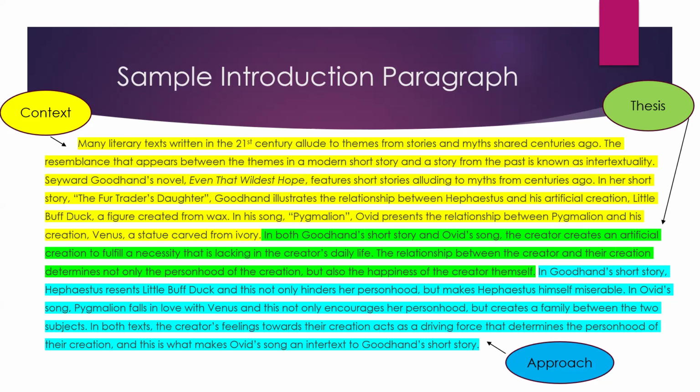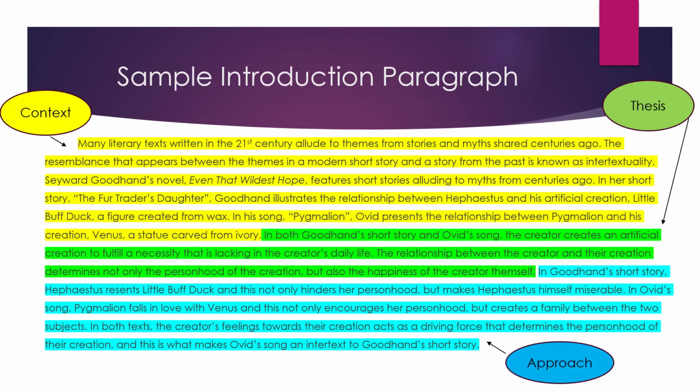So over here, what I did in the first part of this introduction paragraph is provide context. In the very first sentence of the paragraph, I made it clear that I am going to be talking about a text that will be serving as an intertext to another text, and due to this reason, I introduced the definition of intertextuality.